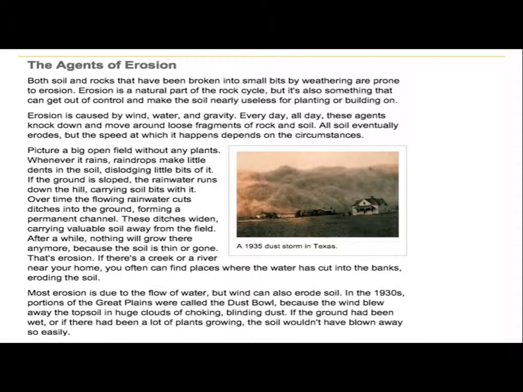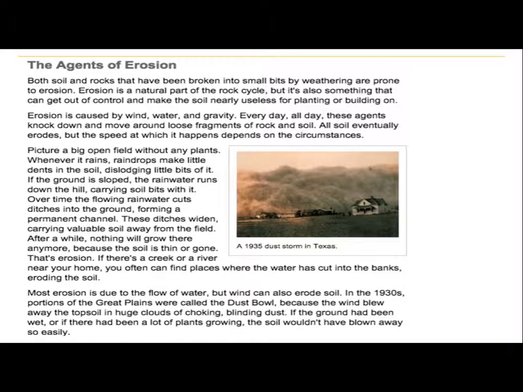Let's go ahead and read more. Come on, give me the next paragraph. Go ahead, Elijah. Picture a big open field without any plants. Whenever it rains, raindrops make a little dent in the soil, dislodging little bits of it. In the ground, it slopes. The rainwater runs down the hill, carrying soil bits with it.